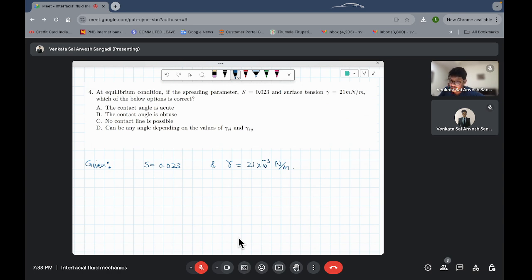So we know from the formula that cos theta e is given by S plus gamma by gamma. So this essentially makes it 0.023 plus 21 into 10 power minus 3, by 21 into 10 power minus 3.